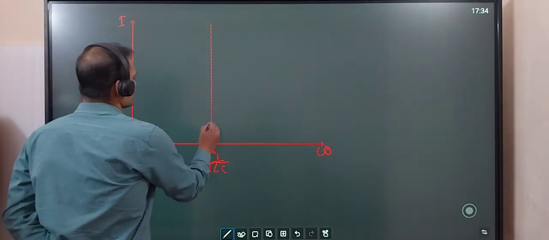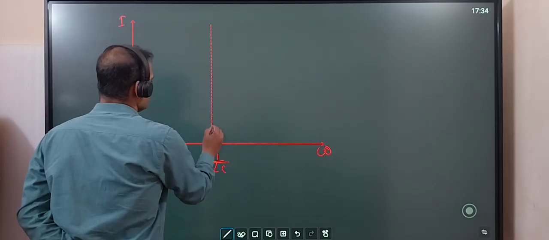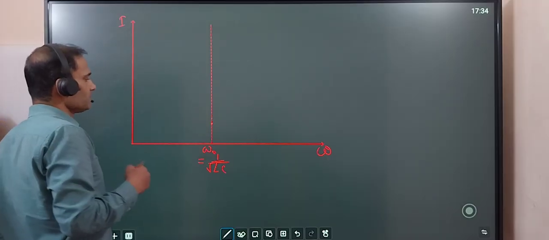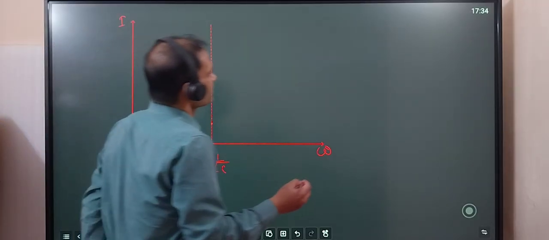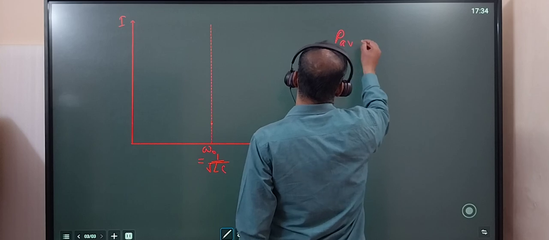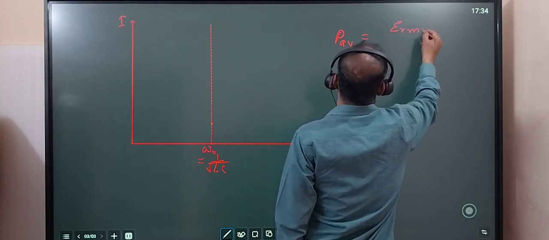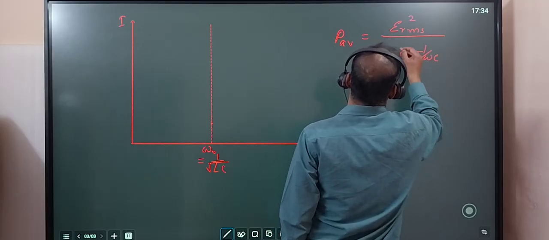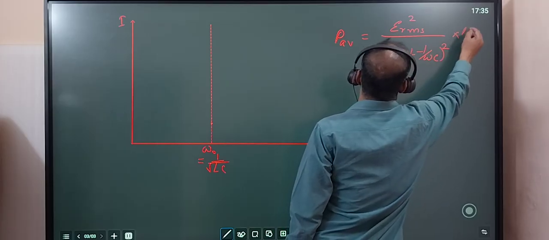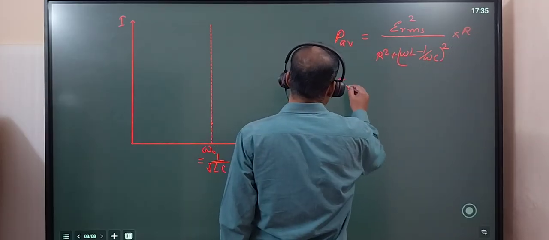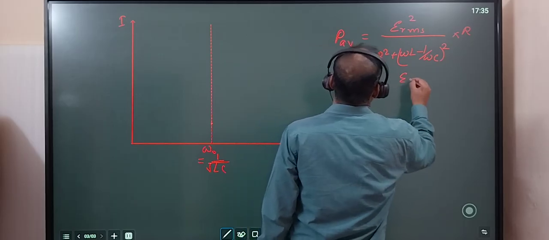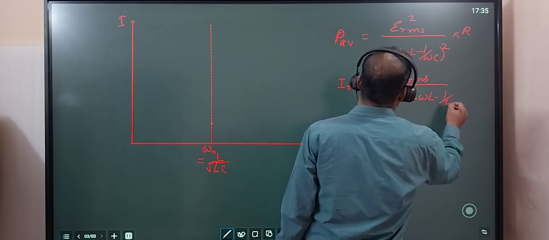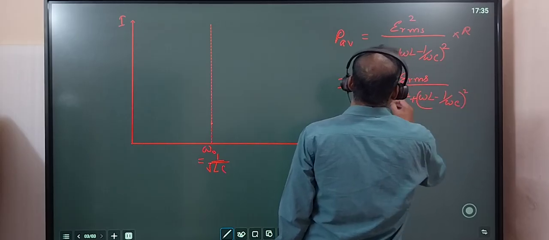Suppose we have some resistance in the circuit, and I will write the power dissipation formula again: ERMS the whole square by R square plus omega L minus 1 by omega C the whole square, into R. I will also write the IRMS formula, which will be ERMS by the square root of R square plus omega L minus 1 by omega C the whole square.